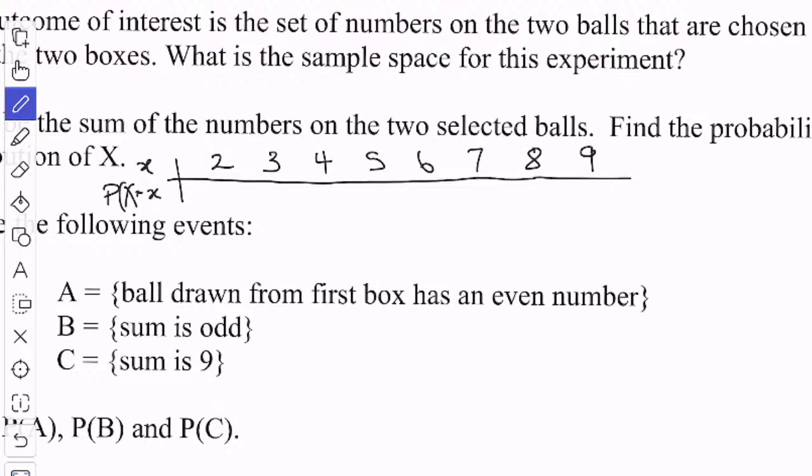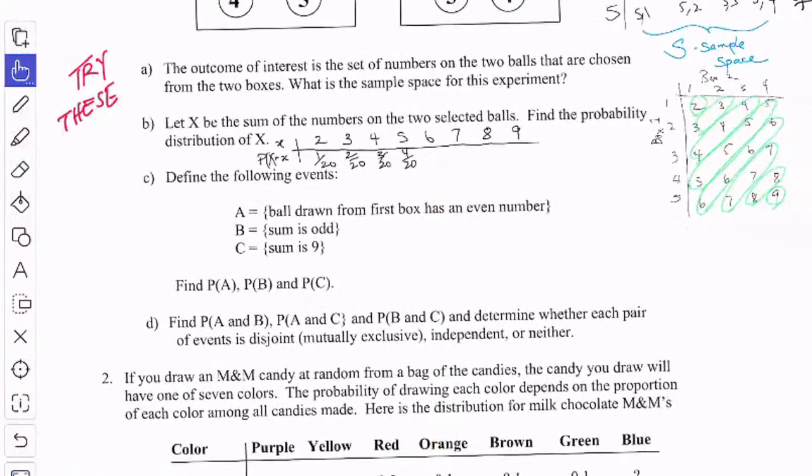And 2 has a 1 in 20 chance, 3 has a 2 in 20 chance, 4 has a 3 in 20 chance, 5 has a 4 in 20 chance, and then, let me confirm that. So 2 has a 1 in 20, 3, 4, and also 6 has a 4 in 20 chance, and then it goes down from there.